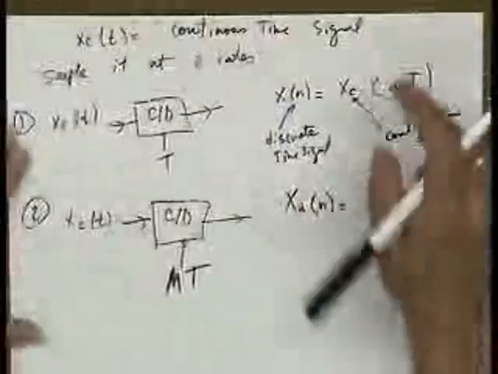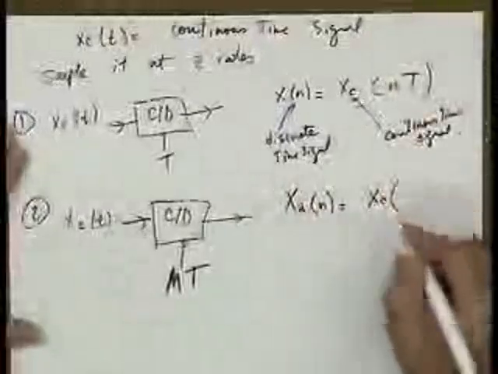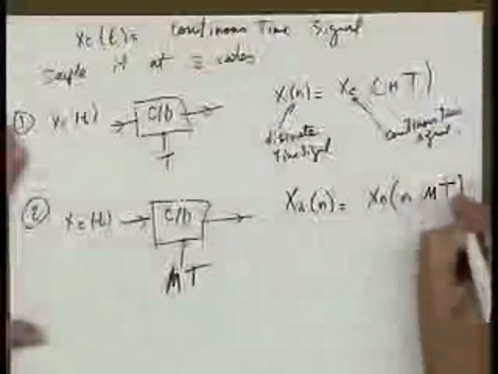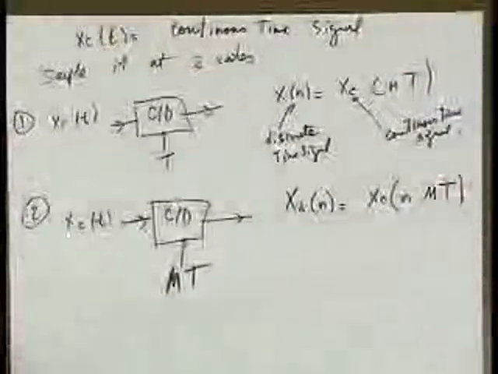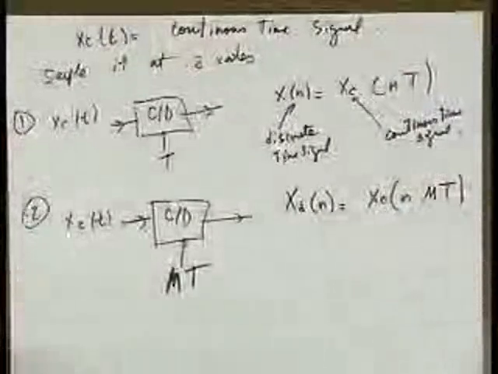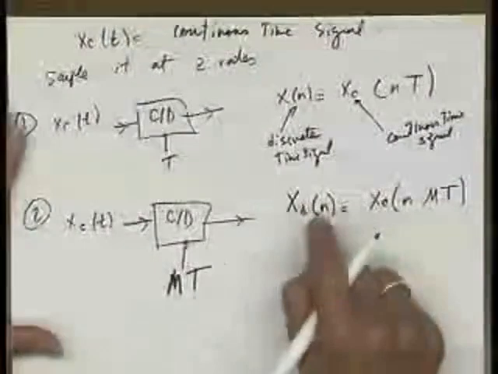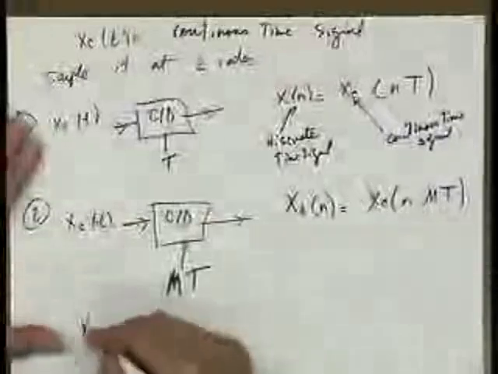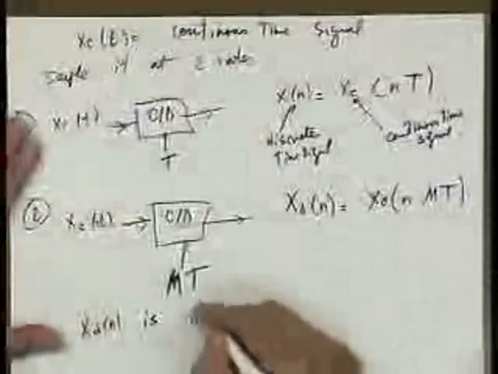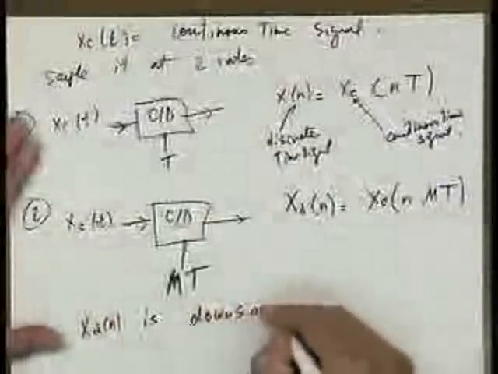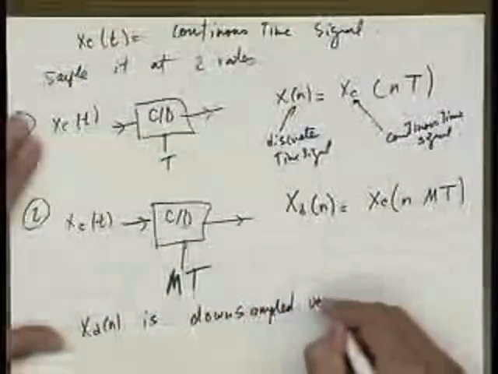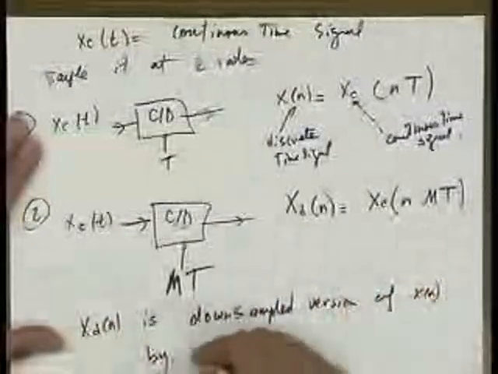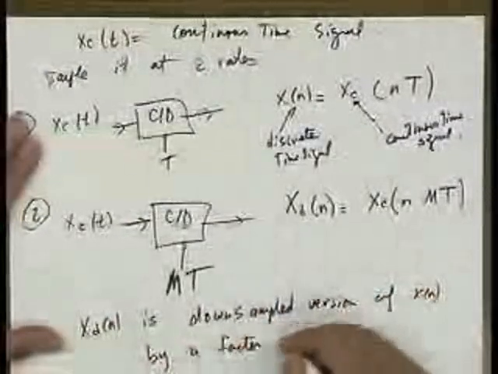Well, this thing is the same as x sub c of n, instead of T, it's now MT. So now x sub d, in some sense, is the downsampled version of x of n by a factor of M.